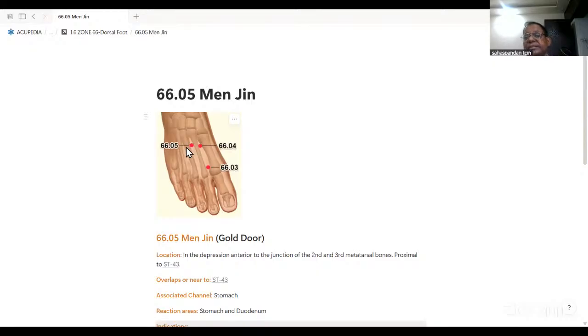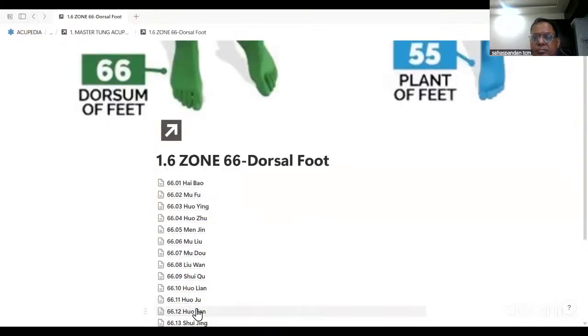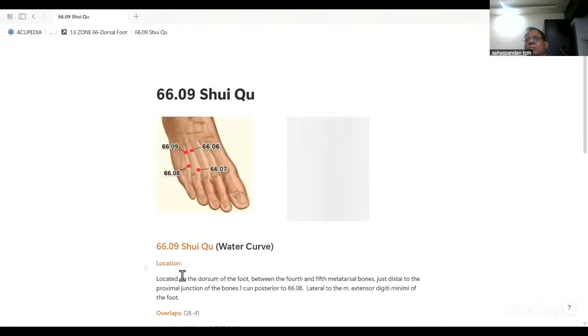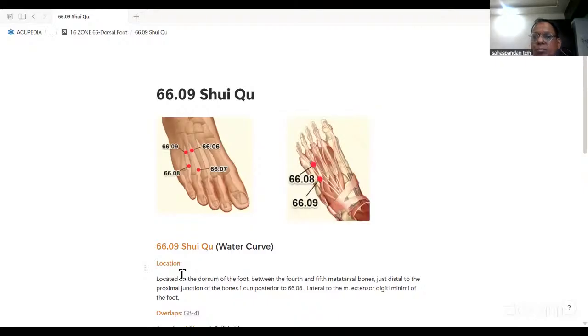And 66.09, see, is between the fourth and fifth metatarsal bone, at the junction of the fourth and fifth metatarsal bone.